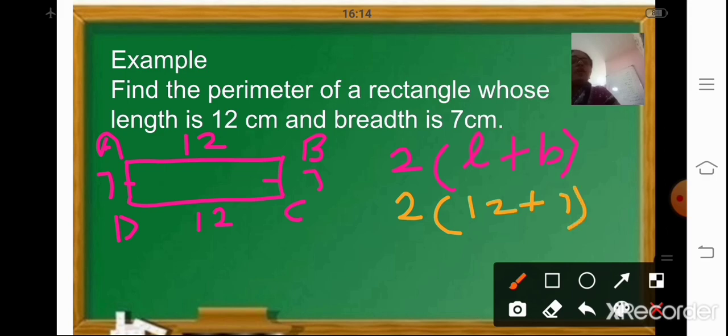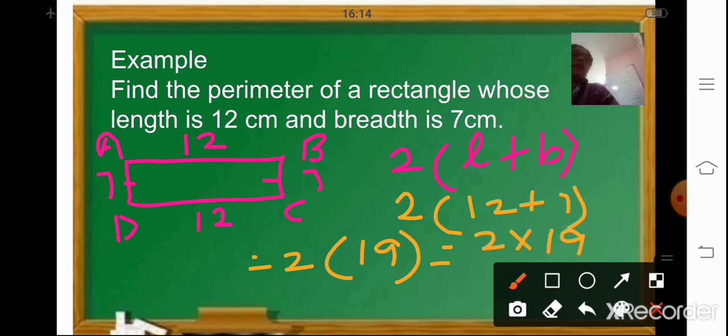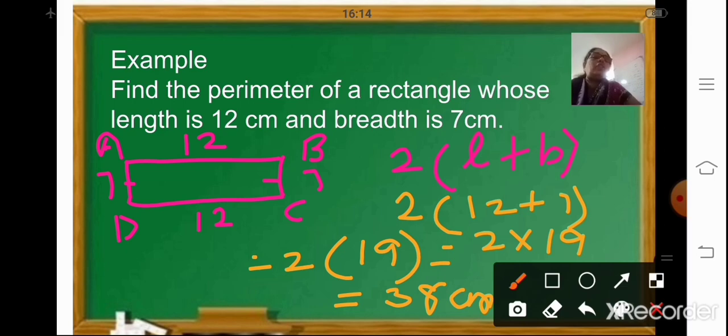When we add 12 plus 7, that will be 2 into 19. Now bracket means you will have to multiply, that is 2 multiplied by 19, which will be 38 centimeter. So using this formula, you can easily find the perimeter of a rectangle.